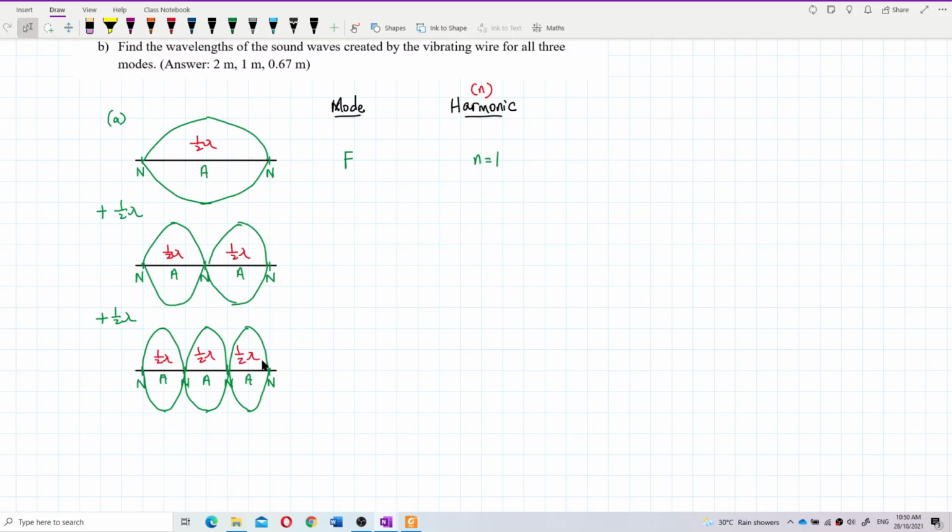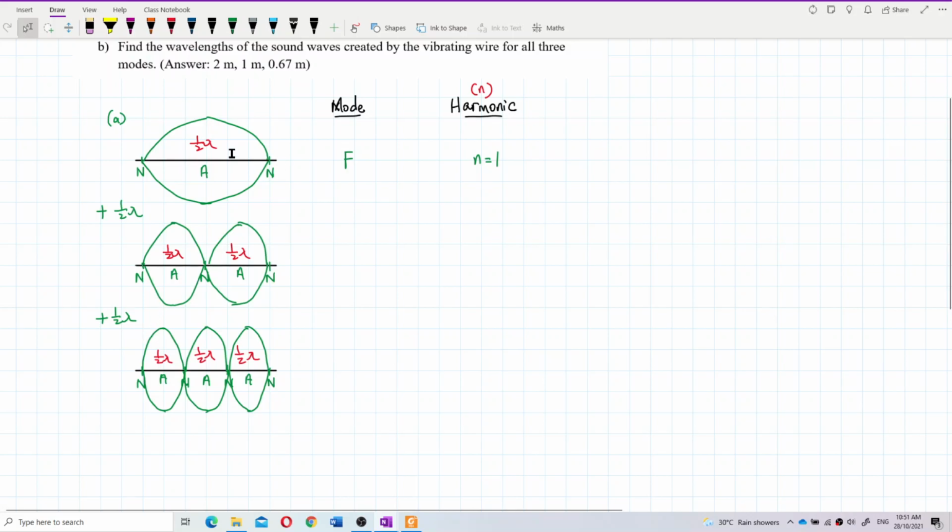This is how we do it. You must know how to draw the picture. The first one is always the most important. You remember the first one, then when moving down, you just plus half wavelength, plus half wavelength.